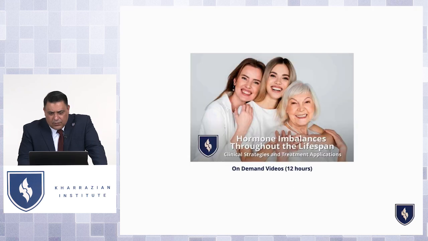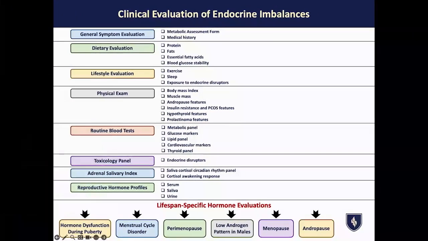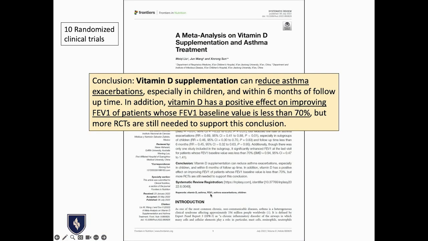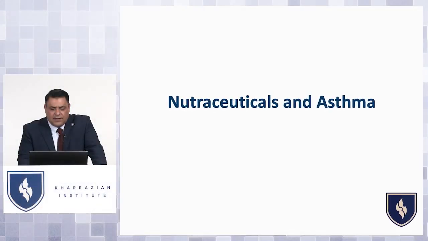But to really go into hormones, which is a key factor for certain people with asthma, you may want to look into the course we have in hormone imbalances throughout the lifespan. In that course, we go through a step-by-step process of evaluating endocrine imbalances and then looking at clinical strategies. It's a 12-hour course.